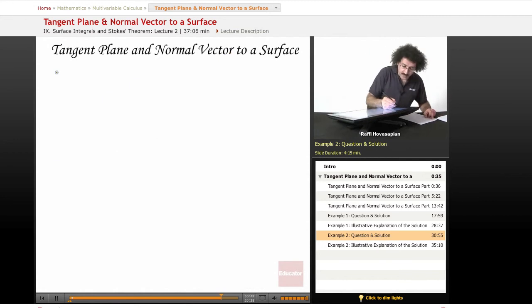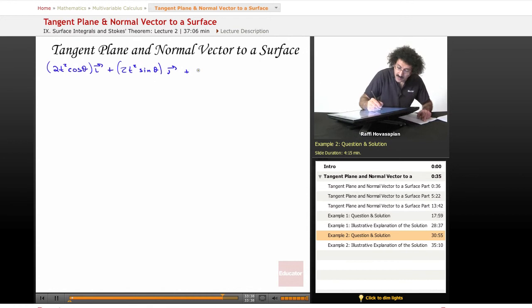I end up with the following: 2t squared cosine theta i plus 2t squared sine theta j plus t times k.